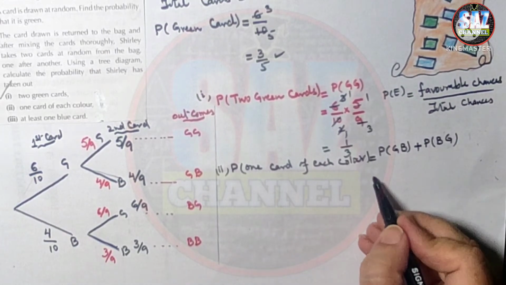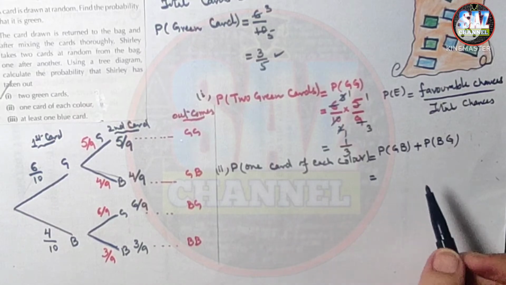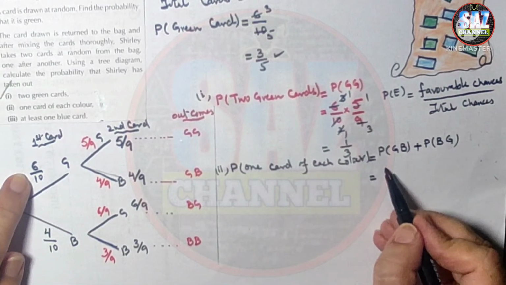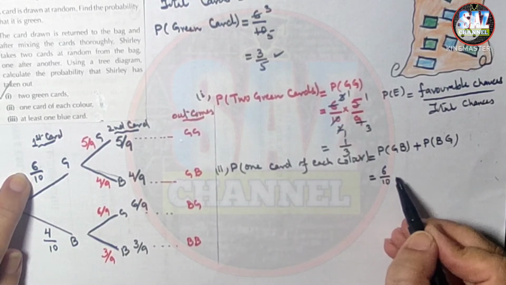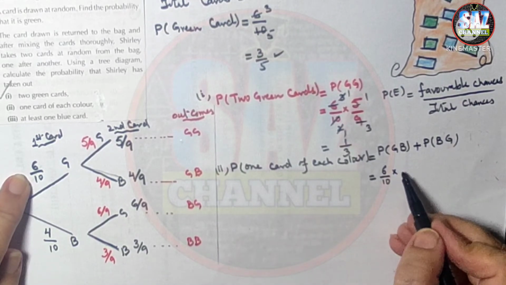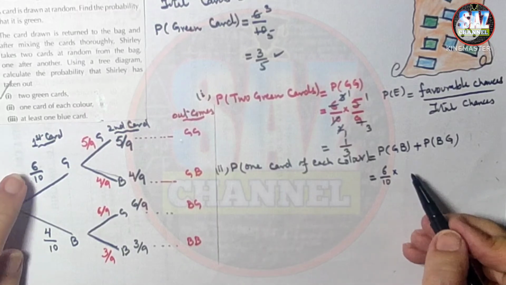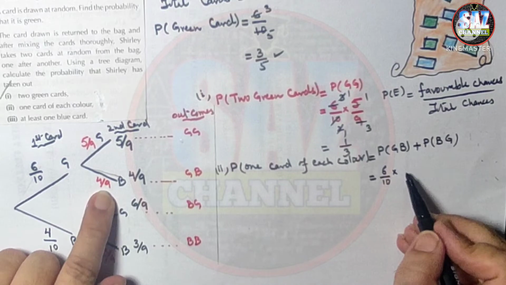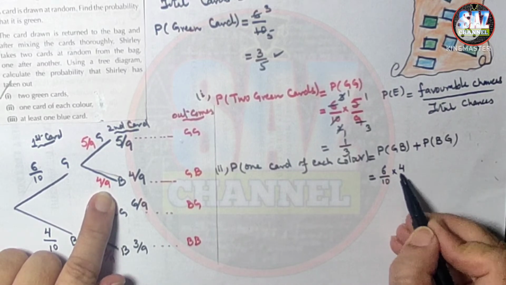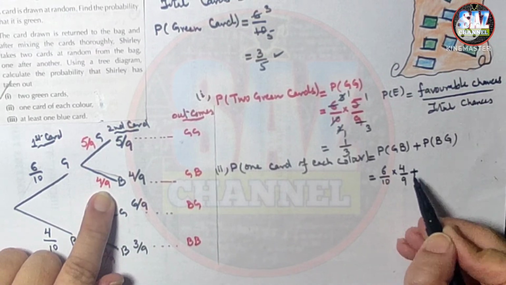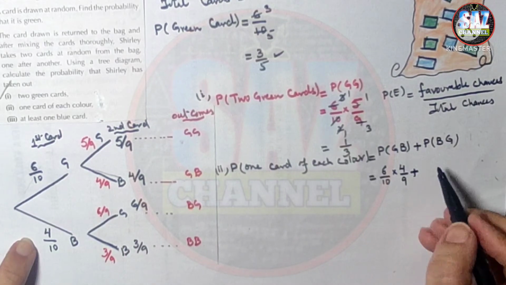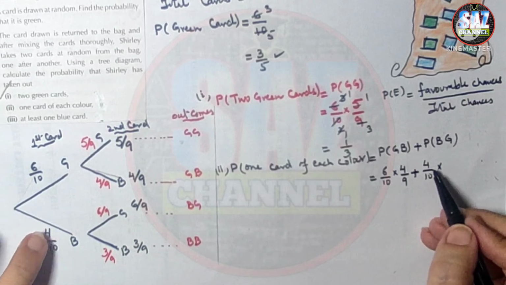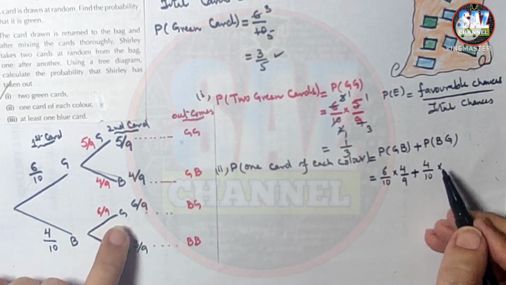The choices of green are 6 by 10 multiplied by 5 by 9, no, 6 by 10 multiplied by blue, 4 by 9, plus, or blue first, 4 by 10 multiplied by green later, 6 by 9.